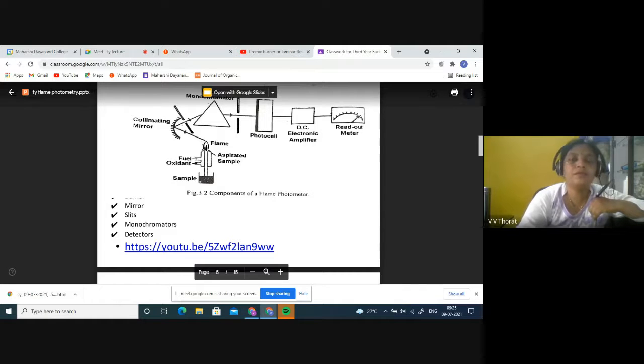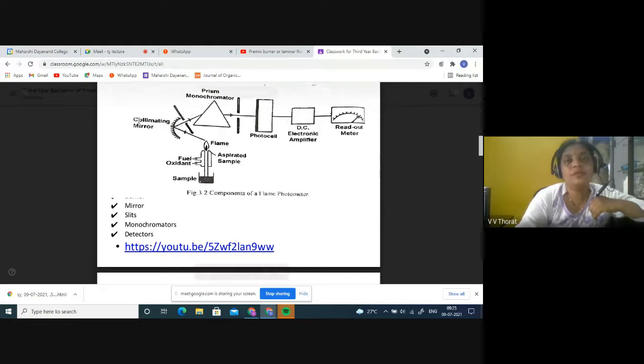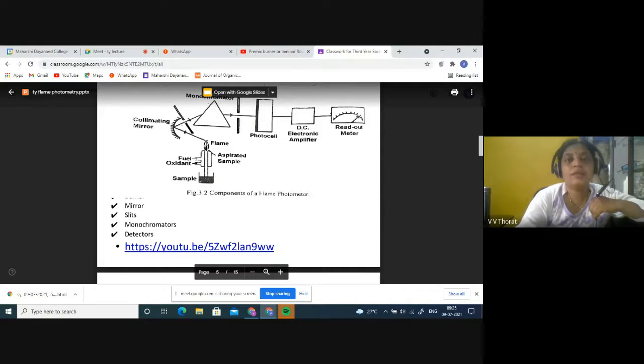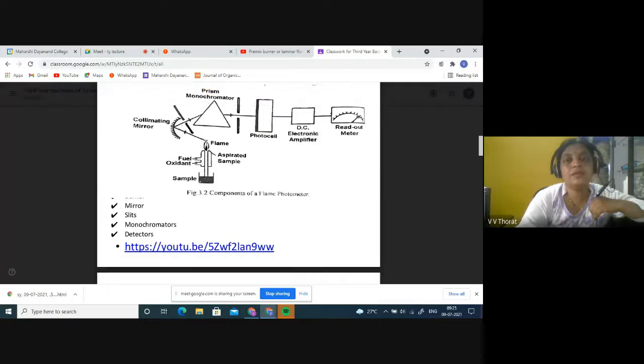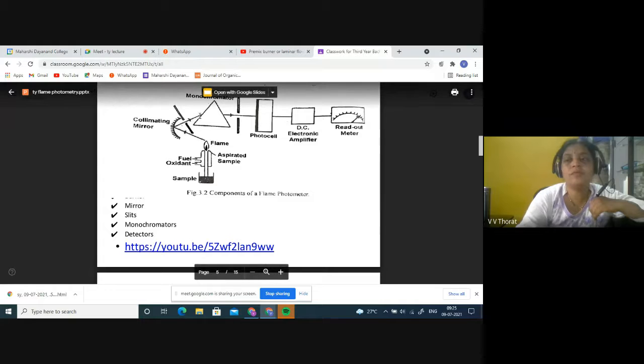So I repeat, if the flame color is bluish green, the collimating lens will collect the blue-green light from the flame and direct it to the monochromator through the entrance slit.